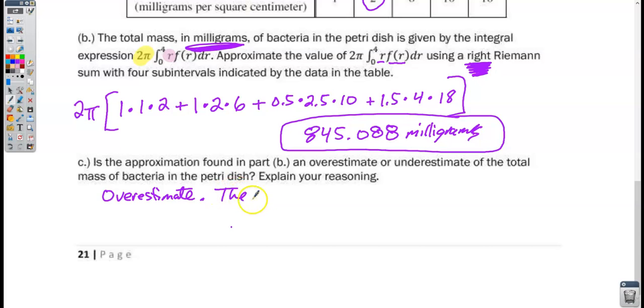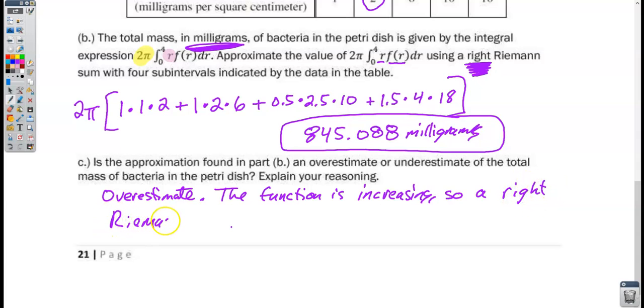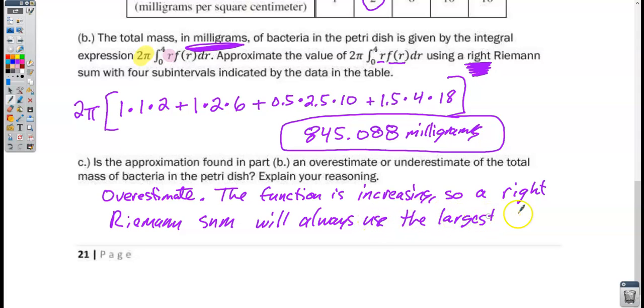Overestimate, the function is increasing, so a right Riemann sum will always use the largest value of the function on any subinterval.